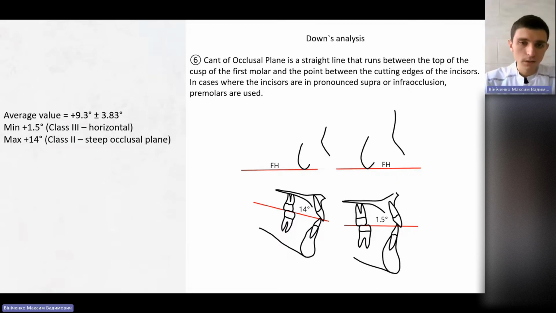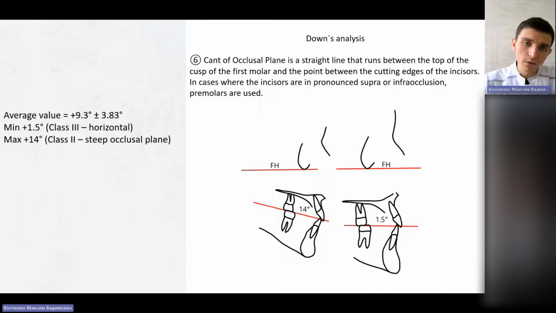Why? Because of problems of the TMJ and the risks of overlaps. For example, if our patient has a degree of 14 and we do not change it during our treatment, there is a higher risk of relapse.